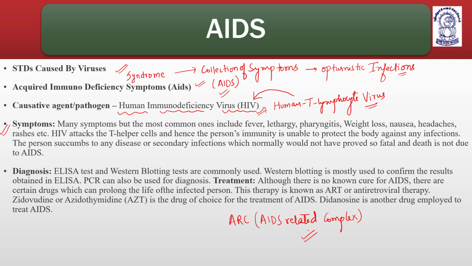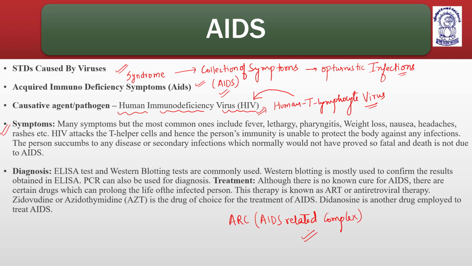But if a person is suffering from HIV, it doesn't mean he or she will be symptomatic. If the HIV virus is in the body, it doesn't mean that a person is symptomatic or is suffering from the infection.